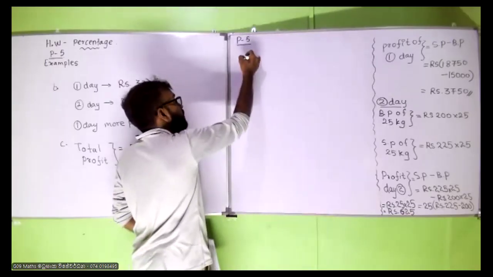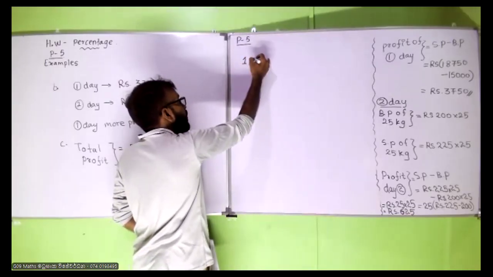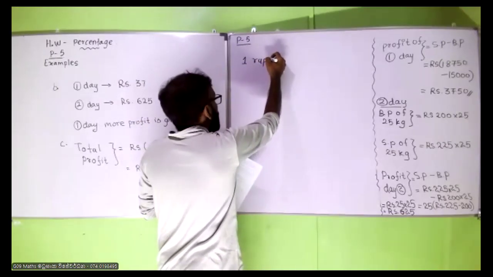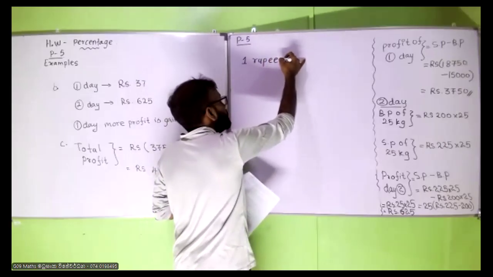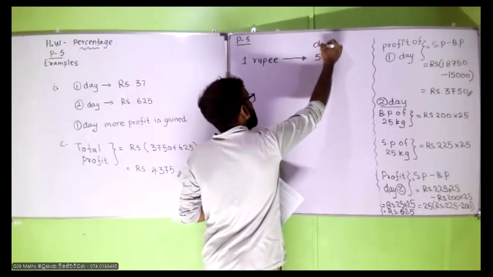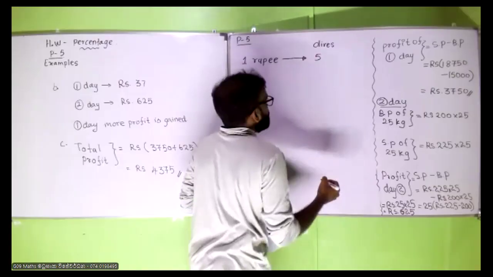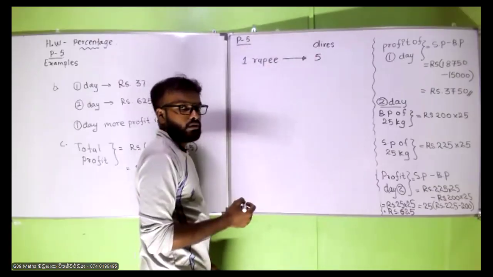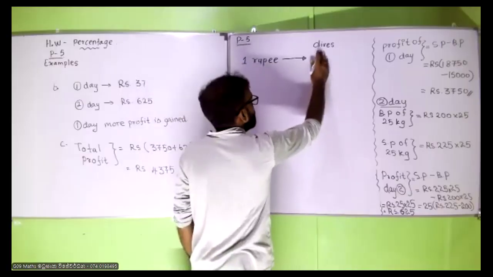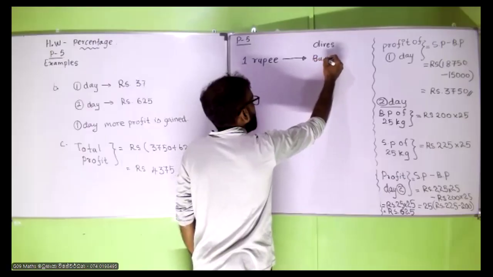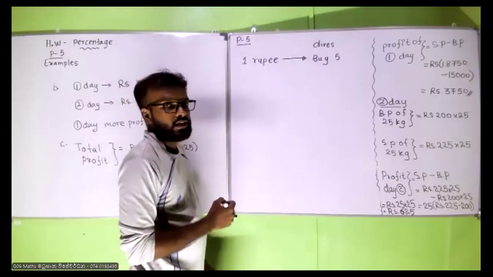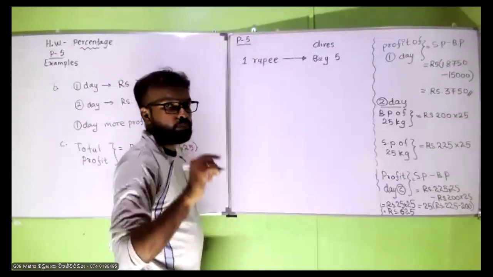For 1 rupee, a person buys 5 olives. Understood? A person buys 5 olives. The number of olives bought is 5 for 1 rupee.